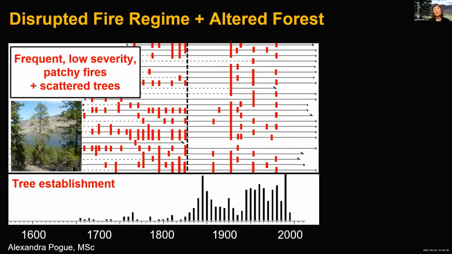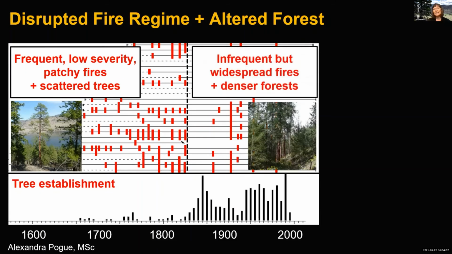So whereas the historical fire regime left scattered trees and open conditions in this landscape, we see today infrequent but widespread fires, and in the interim period, an ingress of trees and their high survivorship, leading to dense forests that today would sustain a high severity fire, given the fuel loads that we have observed.